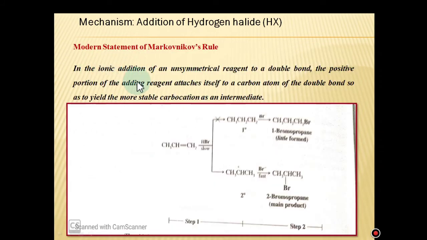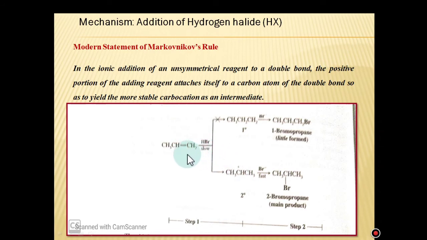So now, the modern statement of Markovnikov rule. In the ionic addition of an unsymmetrical reagent to a double bond, the positive portion of the adding reagent attaches itself to the carbon atom of the double bond so as to yield the more stable carbocation as an intermediate. See here, this is propene, this is HBr. When this H attacks that carbon, a secondary carbocation is formed.